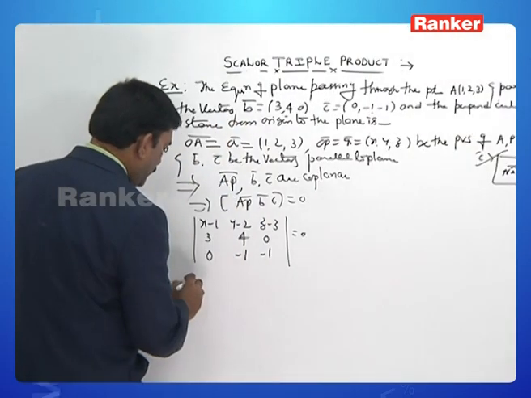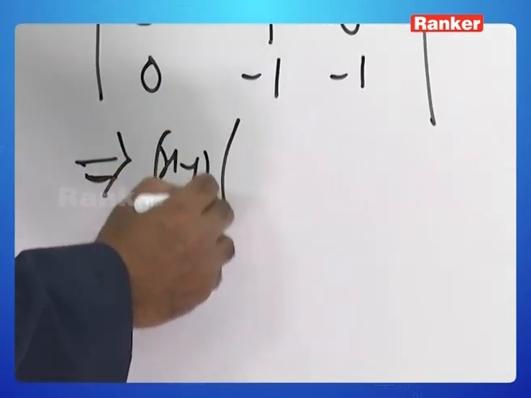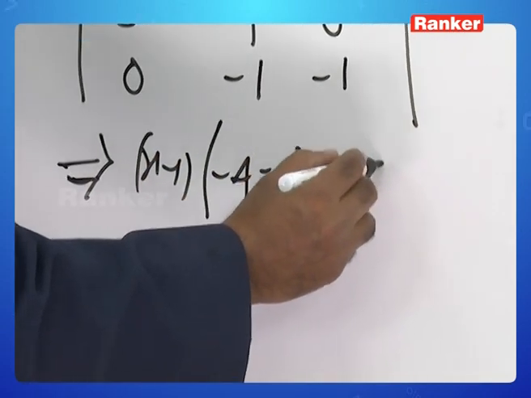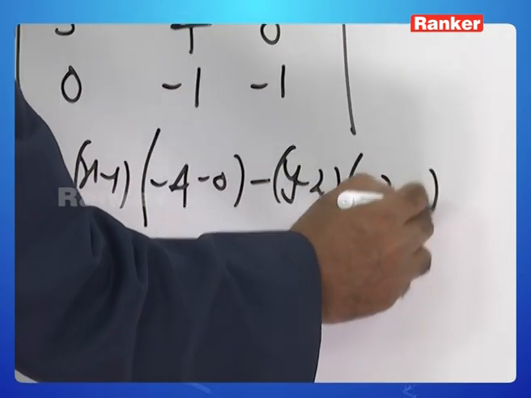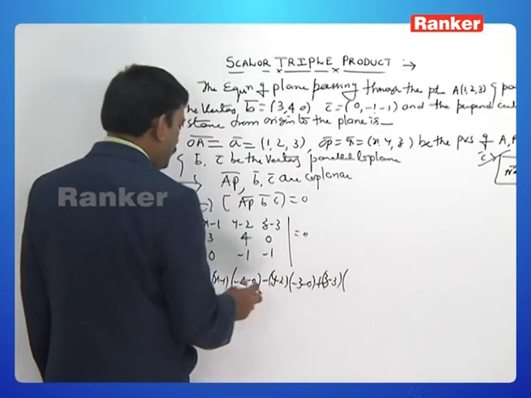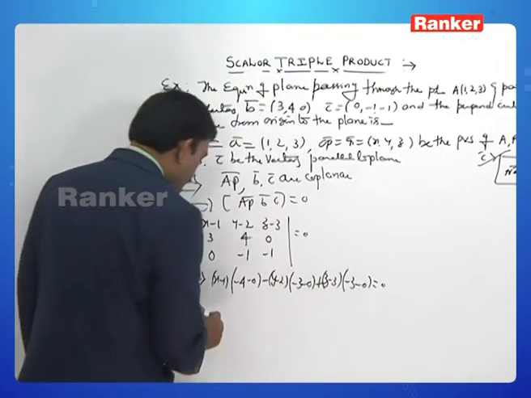Now you expand this: x minus 1 into 4 minus 0, y minus 2 into minus 3 minus 0, plus z minus 3 into minus 3 minus 0 is equal to 0.